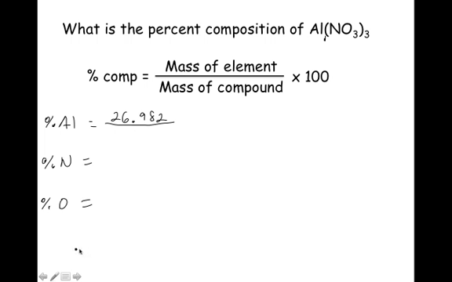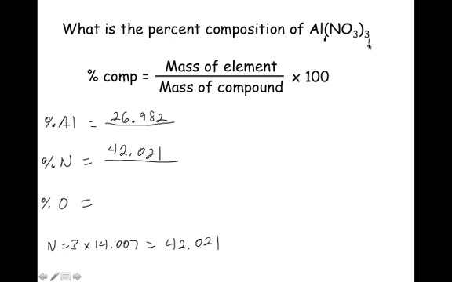We have 3 nitrogens. So if you look at your nitrogen, there are 3 times, and its mass was 14.007. Let's multiply 3 times 14.007. We get a total nitrogen mass of 42.021. So that's the mass of our nitrogen portion, 42.021.